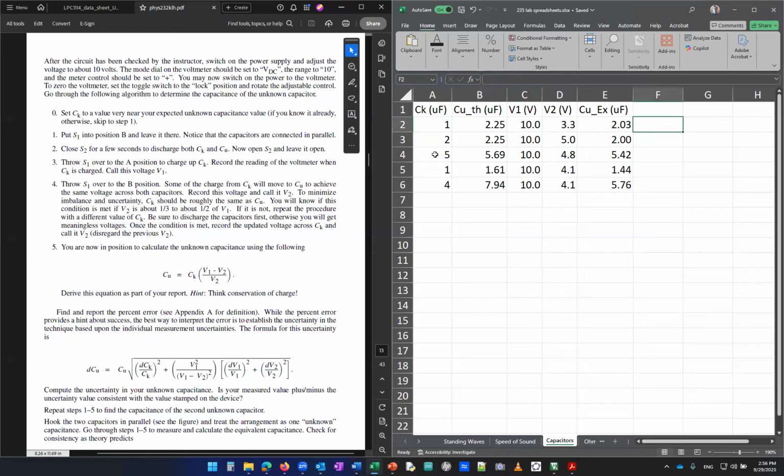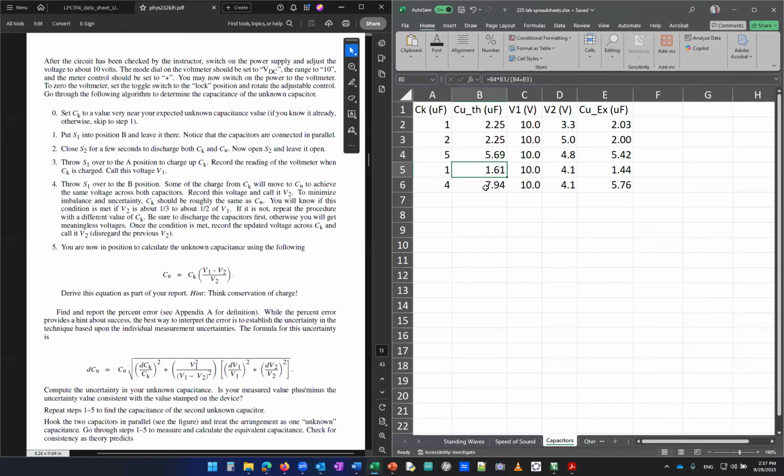And then I also did the other capacitor with a 5 microfarad, and I got a close enough value, 5.42 versus 5.69, so roughly 3 out of 55, less than 10%. And then I connected the two in series. I'm supposed to get 1.6 and I got 1.44, so roughly 10% difference.